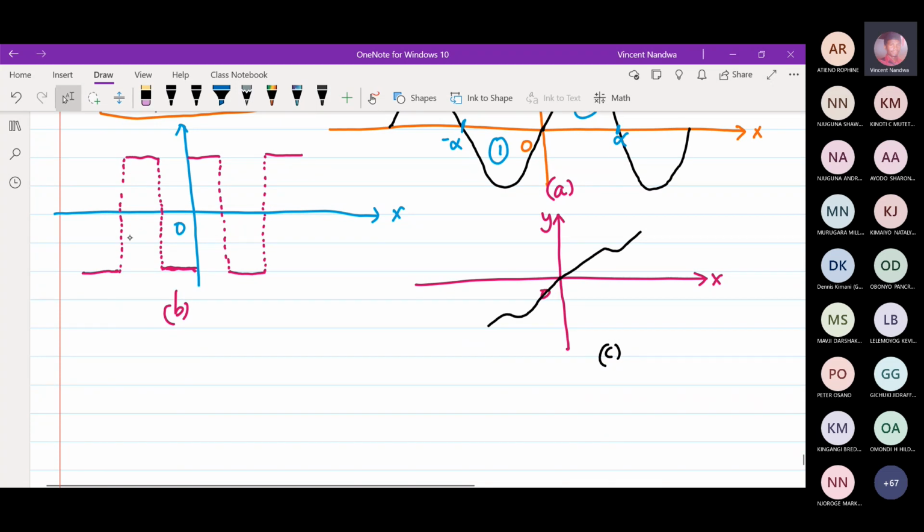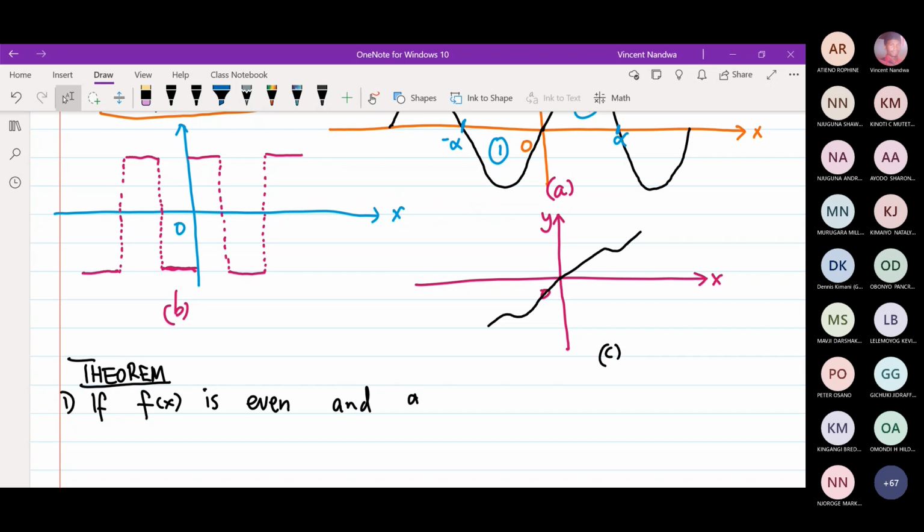So note that, 1, if f of x is even and g of x is also even, then the product f of x times g of x is also even.